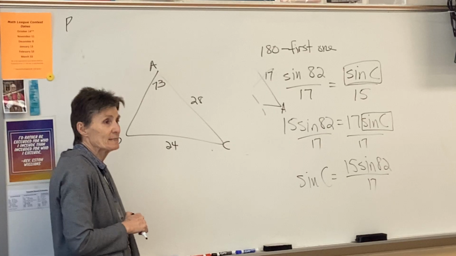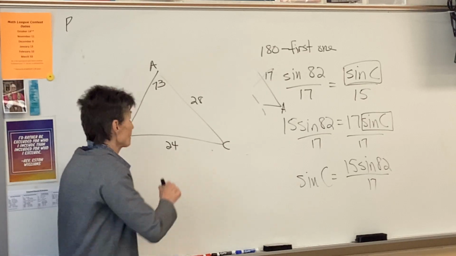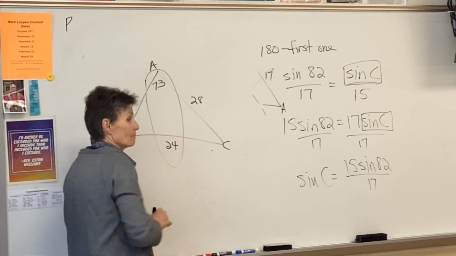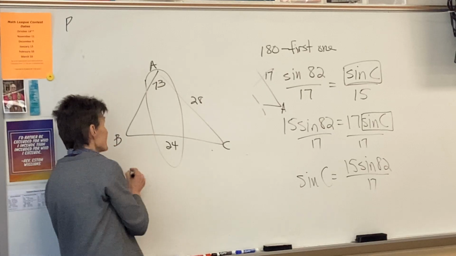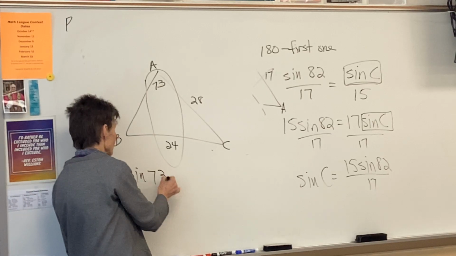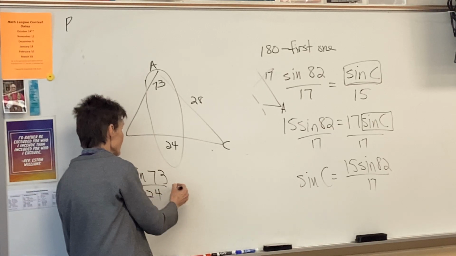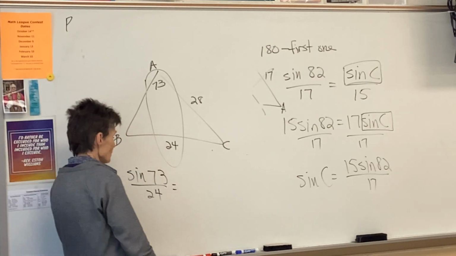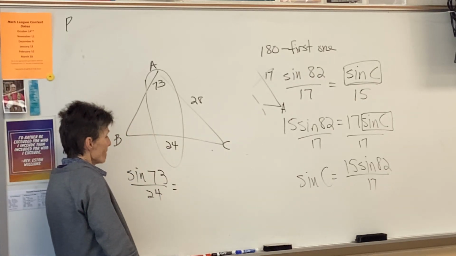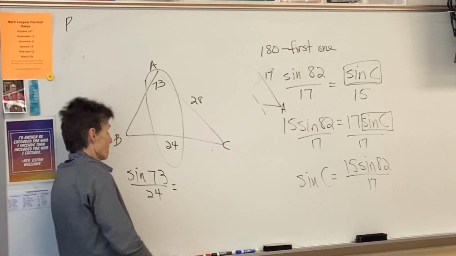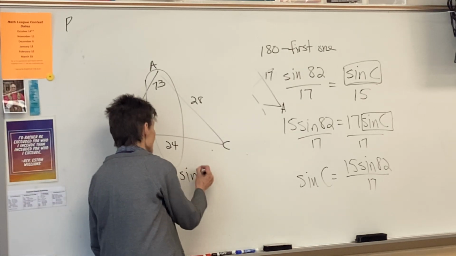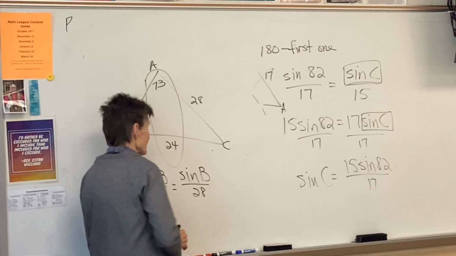All right, here we go. Can we set up the law of sines? Yeah. So sine 73 over 24 equals, what do you think? Sine B over 28. It was sine angle, so sine B over 28, that's exactly right.